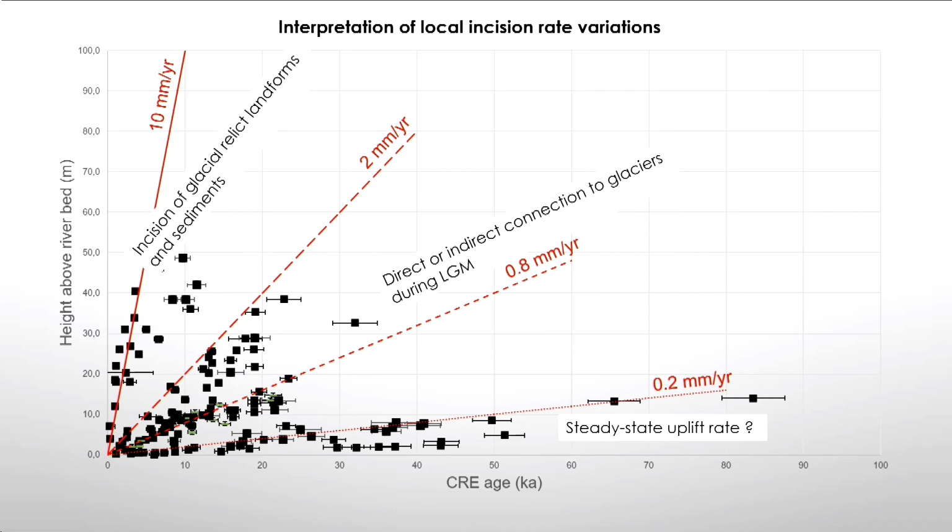So there must have been some climatic changes. It doesn't mean that there was no river at that time. It means that the rate of incision has strongly changed. What we can say from these examples is that the onset of very fast river incision is around 20,000 years.